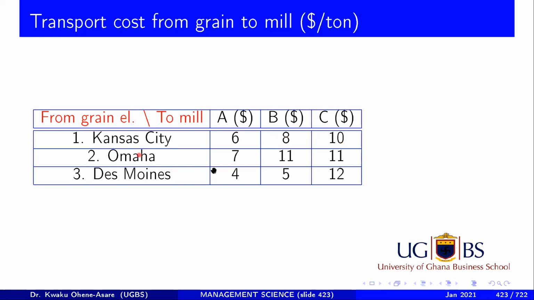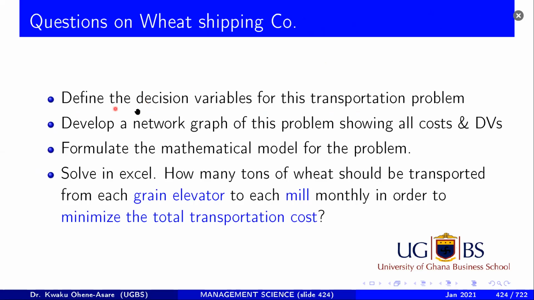The same way Omaha is supplying to all 3, and the cost associated with each is shown. DM is supplying to all 3, and the cost associated with it is shown right there. So, ladies and gentlemen, the question is very simple. Let's go to the question now: define the decision variables for this transportation problem. Well, it's a thing to define.